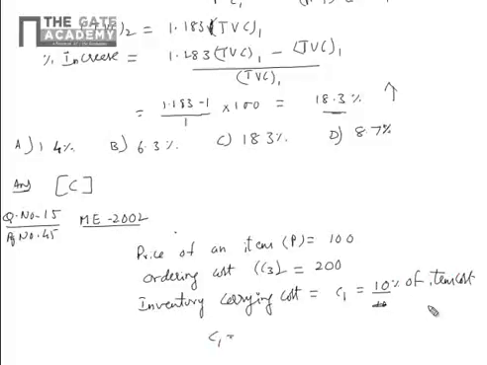So C1 equals 0.1 into P, which is 0.1 into 100, that is 10.